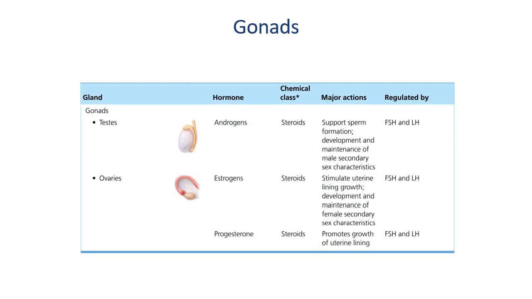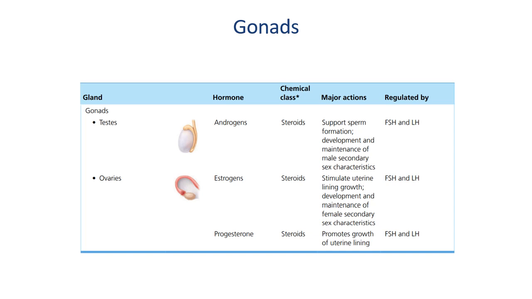Now let's go into the gonads, or the endocrine glands that subserve the function and development of the male reproductive system and male secondary sexual characteristics development, and female reproductive system and female secondary sexual characteristics development.